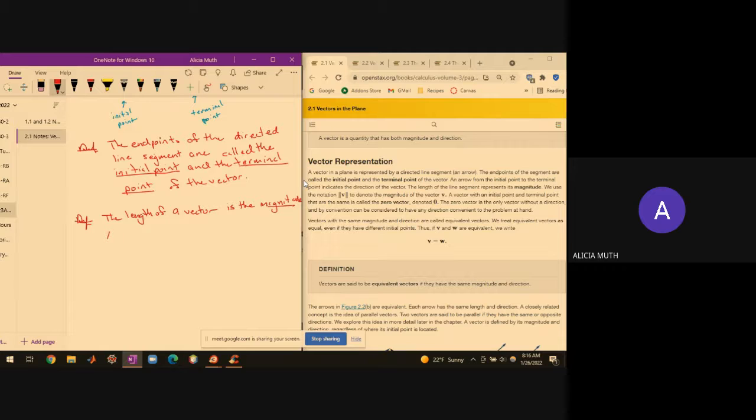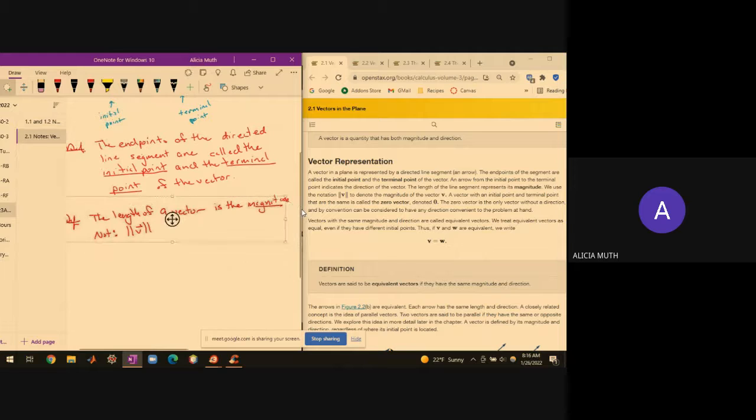And the notation that we use is the absolute value of v. Since I can't bold my own personal text, I'm going to go ahead and actually put an arrow on top of my vector. So that's the notation that I'm going to use, and I'm going to make that clear in my notes as well.